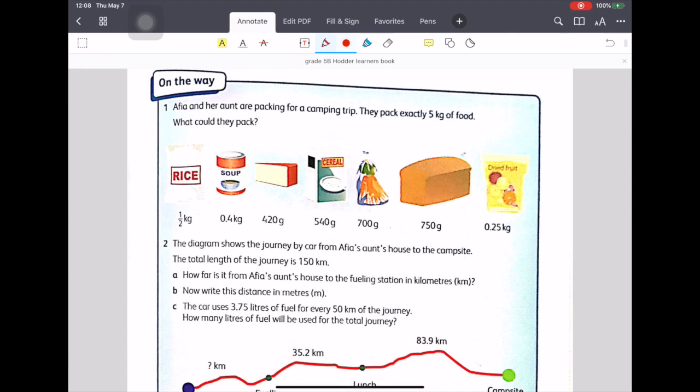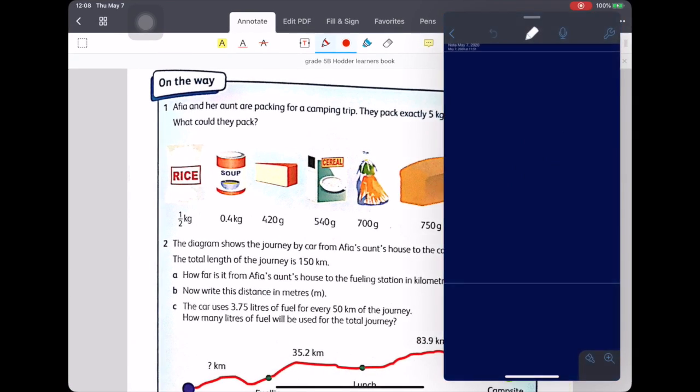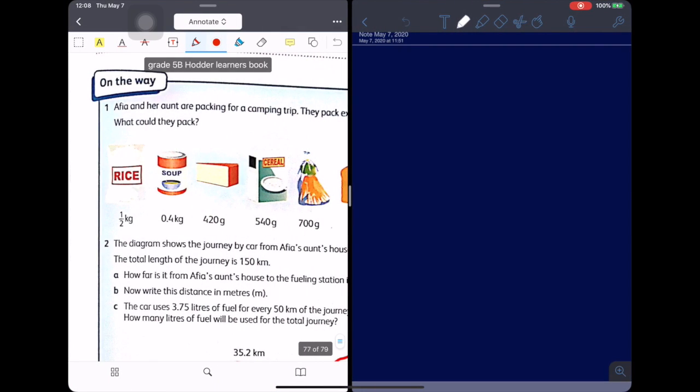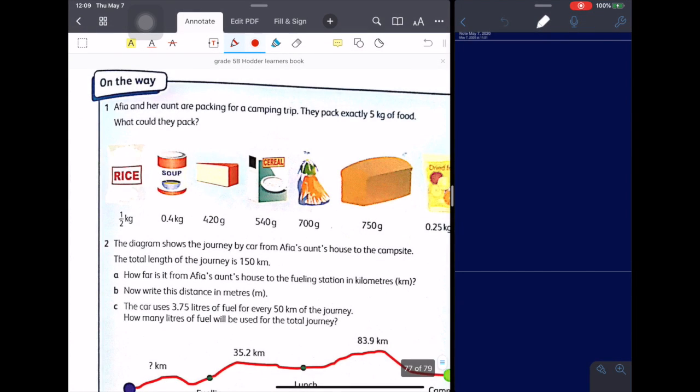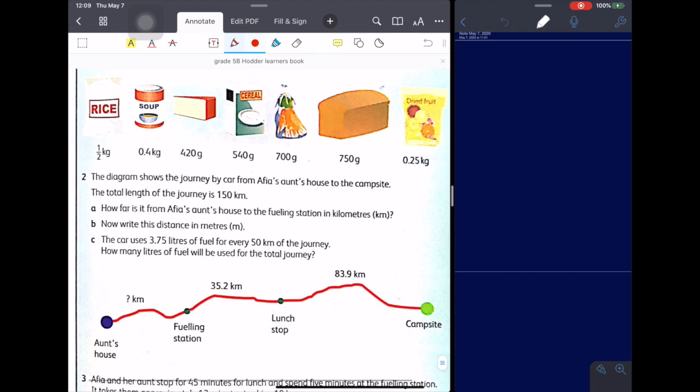How much would it weigh? Okay, about the numbers with points, you already know that we are supposed to write them under each other. So we are going to have rice as 0.5 kilogram plus soup plus butter.